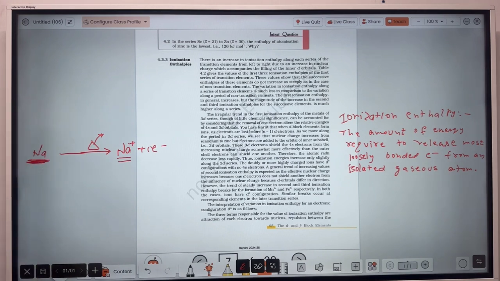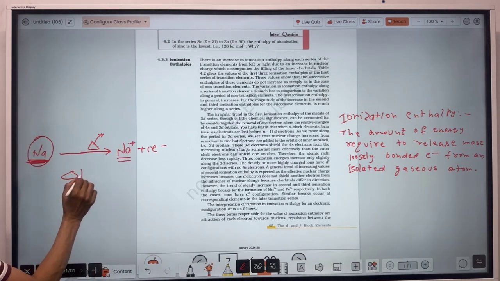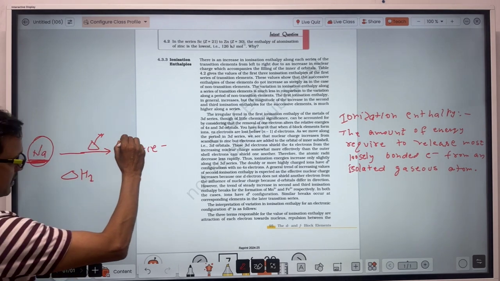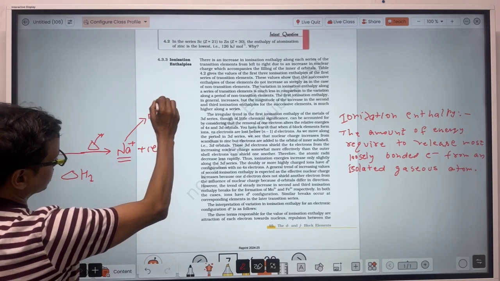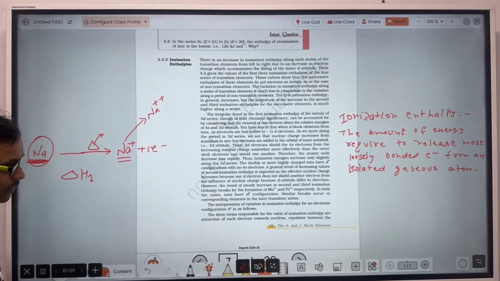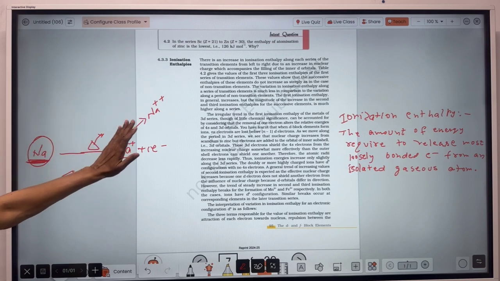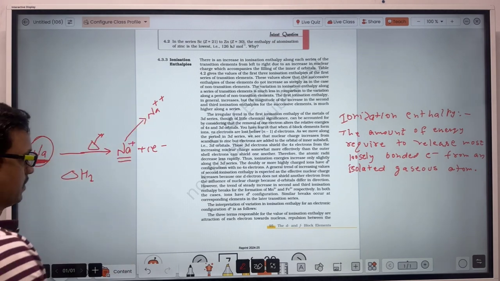Suppose when you have to release one electron from sodium, that will be called first ionization enthalpy. Then from this Na plus, when you have to release another electron, this doesn't actually exist, but even so, to teach you I am writing it.